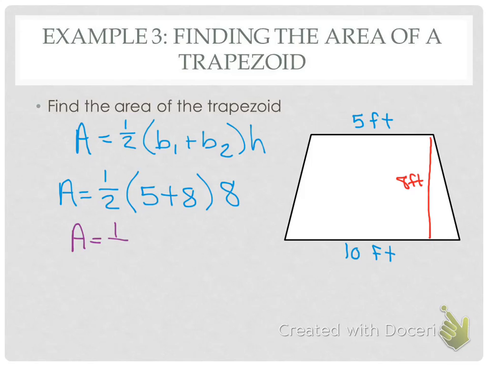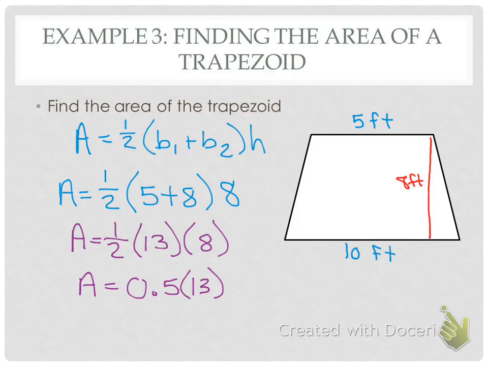Area equals 1/2 times 13 times 8. All right, now at this point, there's several ways you can solve it. You can take half of 13, which is 6.5, and multiply that by 8. Or you can just change 1/2 to a decimal, which is what I would do in my calculator. And I would say 0.5 times 13 times 8.